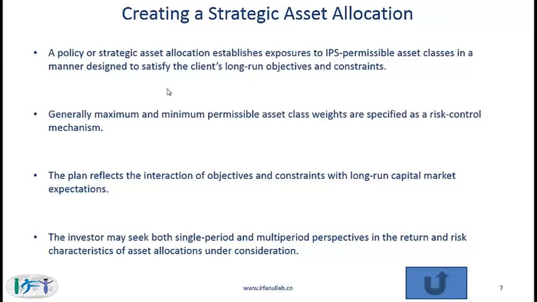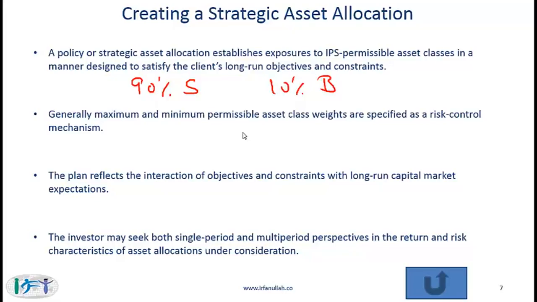You expect stocks to continue to perform well. So given your expectations of the market and given the circumstances of the client, you might come up with a strategic asset allocation which says 90% of the money should go into stocks and 10% can go into bonds. So this is an example of a strategic asset allocation.